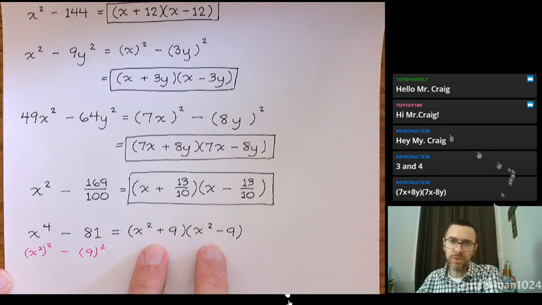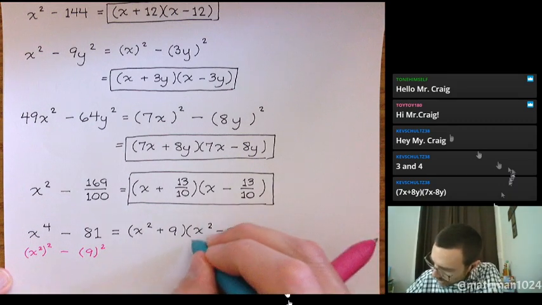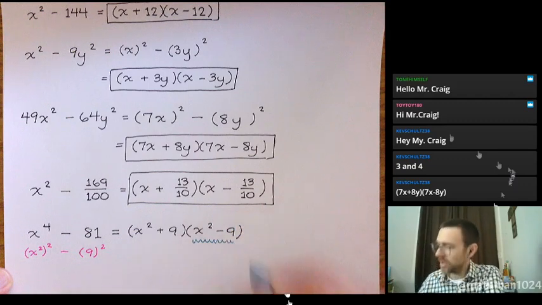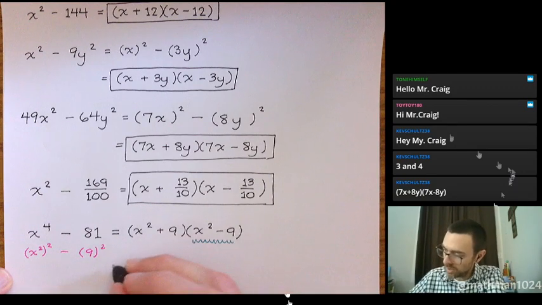Now, a lot of students will get to this point and they'll think, sweet, I'm done, I can box this and go away. But look at this guy right here. You had x squared minus 9. See, x squared plus 9 is done because you can't factor the sum of squares using real numbers. But x squared minus 9, oh, we can do something with that.